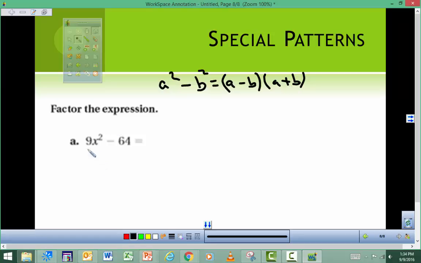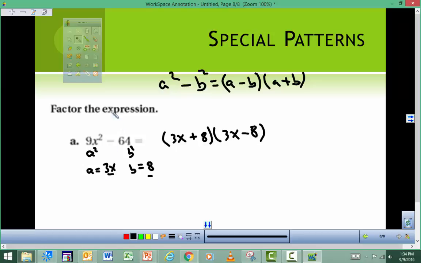Okay, so if this is your a squared, what's a? And hopefully this is the part where you say 3x, right? And if this is your b squared, what's b? You say 8. Okay? Now that you know what your a's and b's are, you can just plug them in right here. It's going to be 3x plus 8 and 3x minus 8.